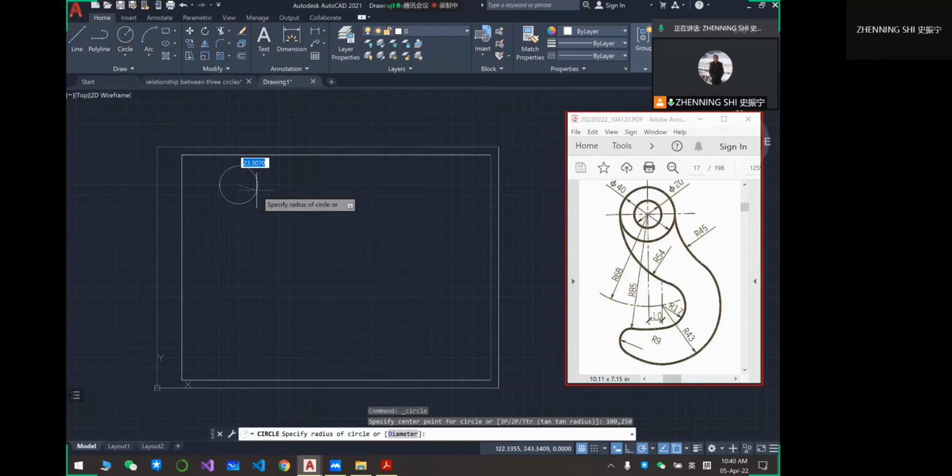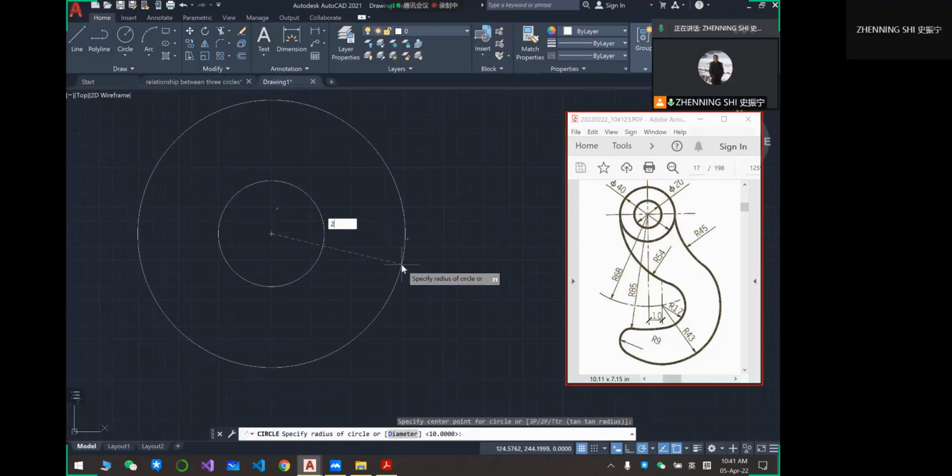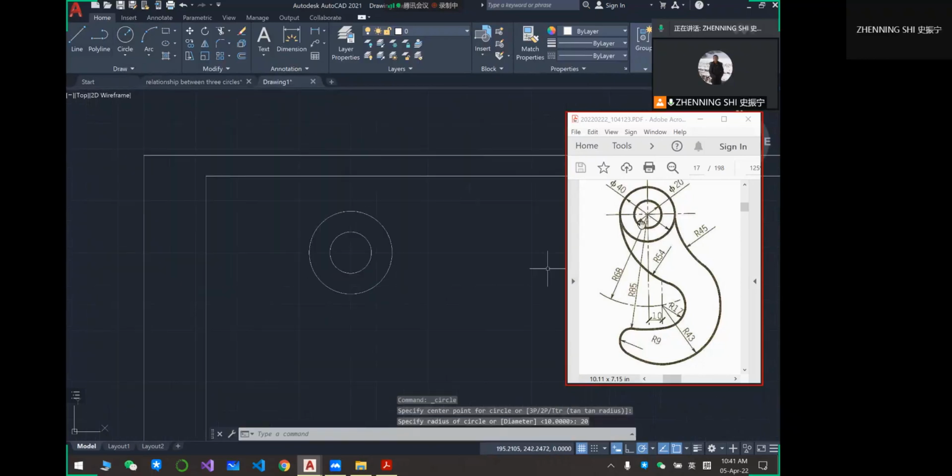Now you can see the small circle. The diameter of the small circle is 20, and the big one is 40. So the radius is half of the diameter. Let me draw the radius. The first one is 10, the smaller one, and another one is 20. Now you get these two circles.